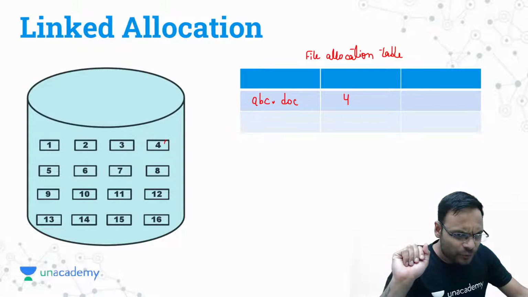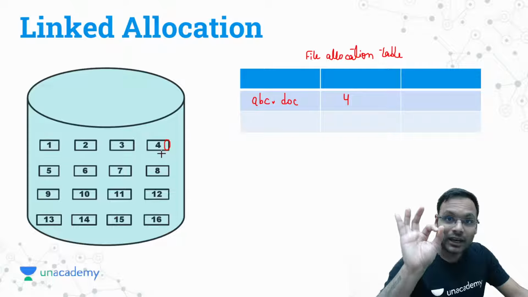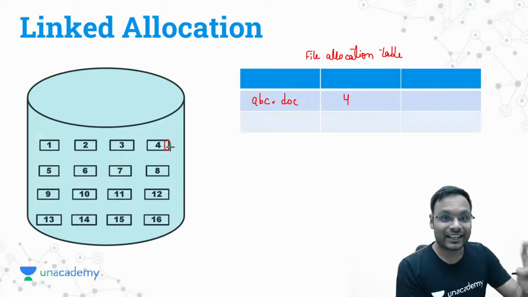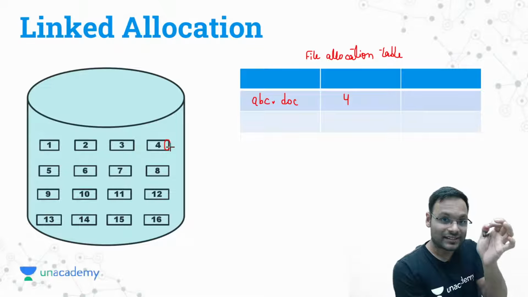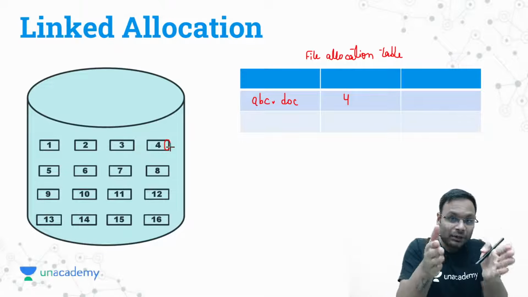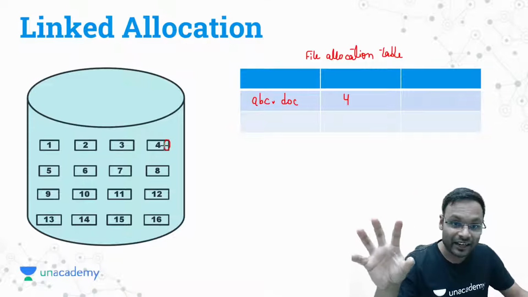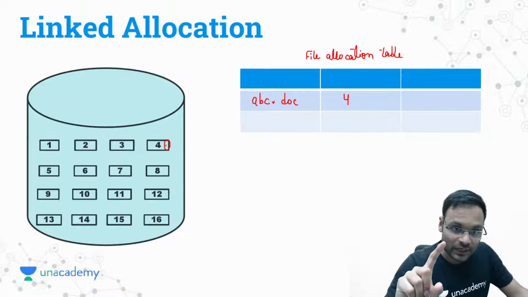In the last few bytes, we will keep a link. Link means the block number of the next block which contains the second part of the file. Necessarily, we are not storing the second part of the file on the 5th block. We can store it anywhere, and that block number I can keep here. So let's say I am keeping the next block in block number 12.